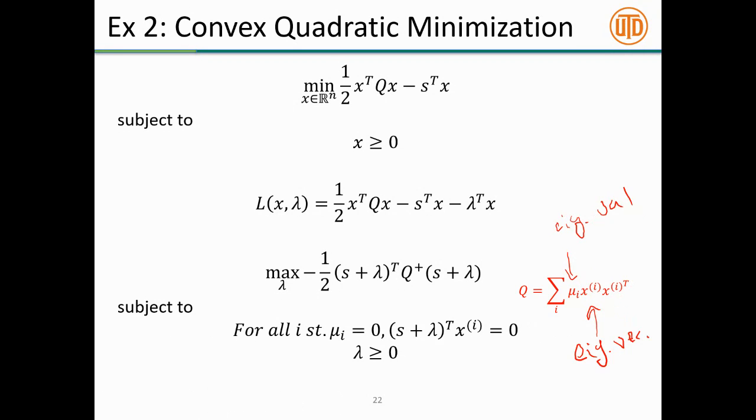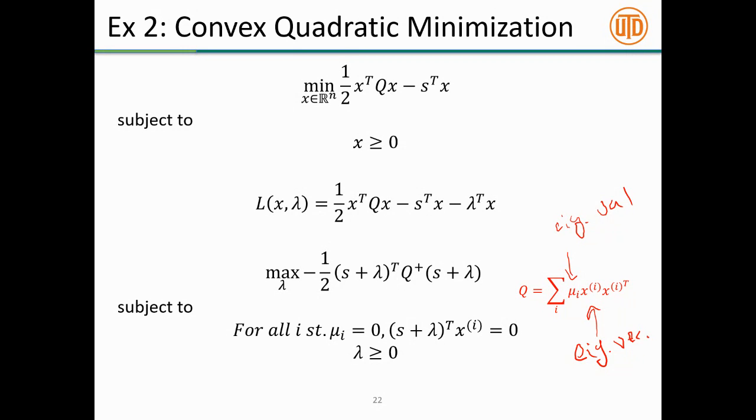Again, what I mean by it doesn't have any component along an eigenvector with eigenvalue 0 is the following. For any eigenvalue mu i, if the ith eigenvalue is equal to 0, it must be that s plus lambda transpose xi is equal to 0, so that s plus lambda is orthogonal to that eigenvector.